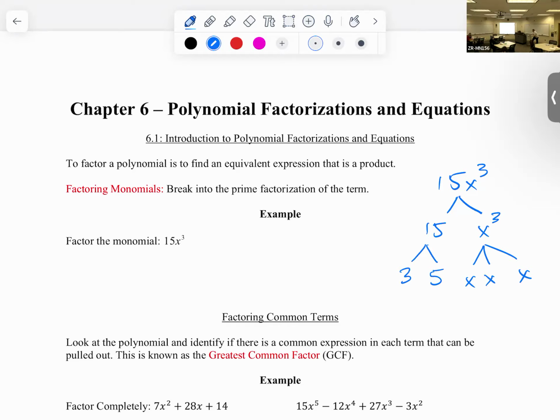That means the prime factorization of 15x cubed is 3 times 5 times x times x times x. You can have multiple, so there could be lots of 3s, 5s, 7s, as long as you get it down to each of those values. And when you multiply it completely back together, you should get whatever you started with.